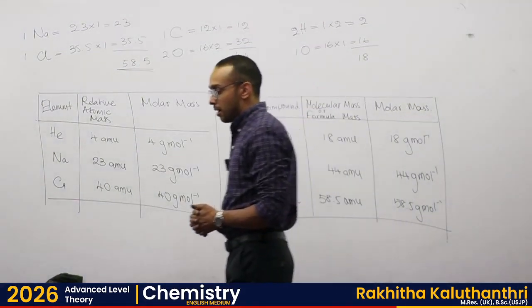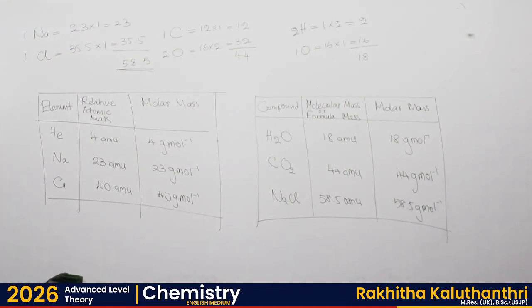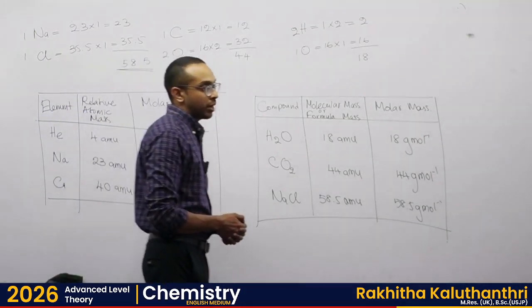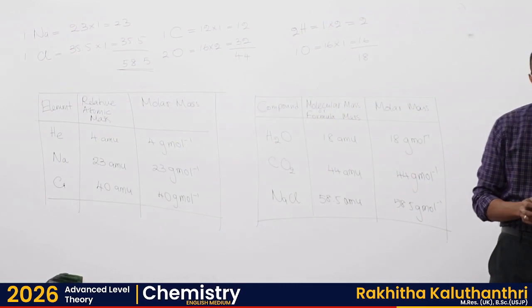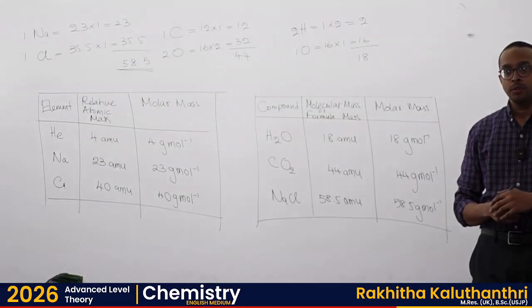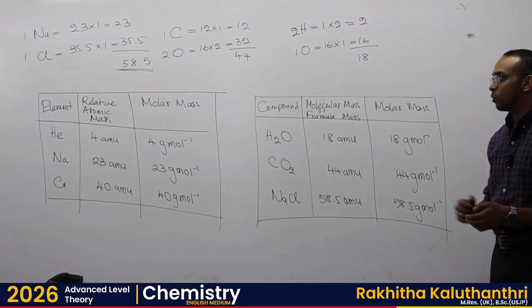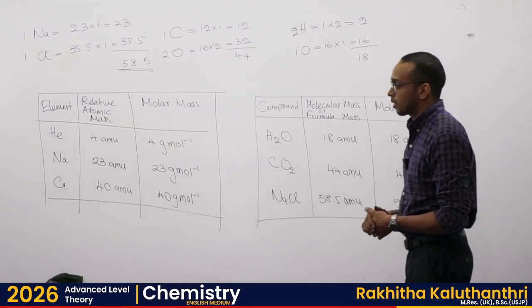Now students, this is making your life a lot easier than if you had to calculate the number of atoms with the use of the actual mass of the atom of a given element, right? That calculation is very difficult. So this one is making it super easy. Now I'll ask you a question.